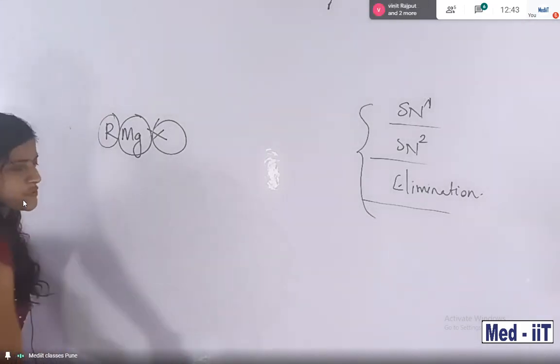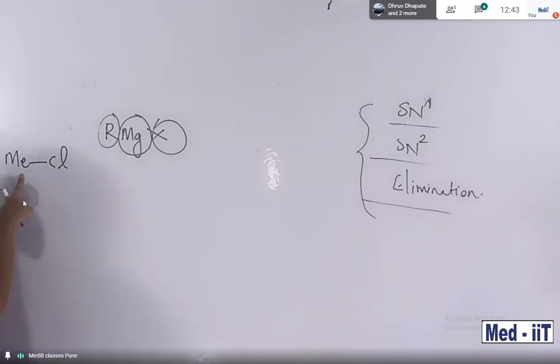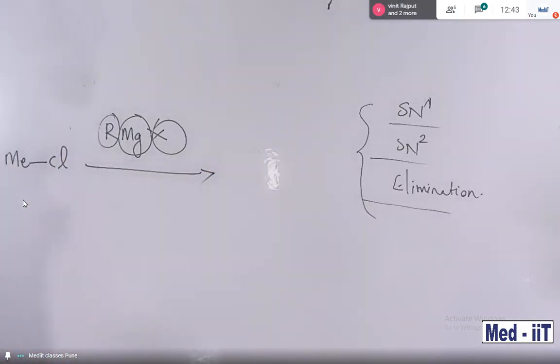Our substrate is a simple substrate for our practice. Now I am doing it with the help of a simple substrate. So alkyl halide, MeCl, is the alkyl halide. If the alkyl halide is in the presence of Grignard reagent, what happens? This we want to check. Very easy, students.